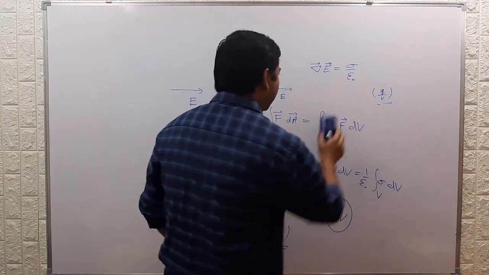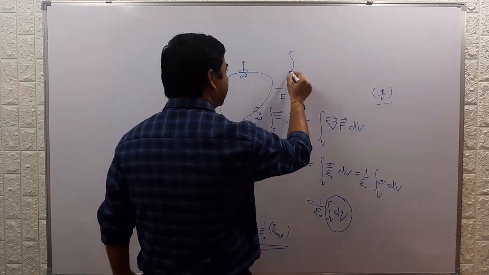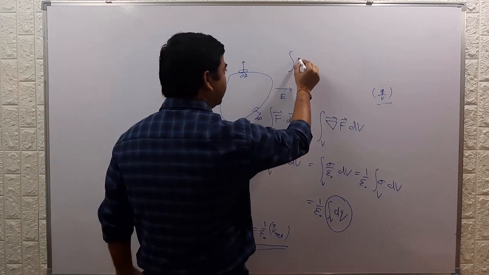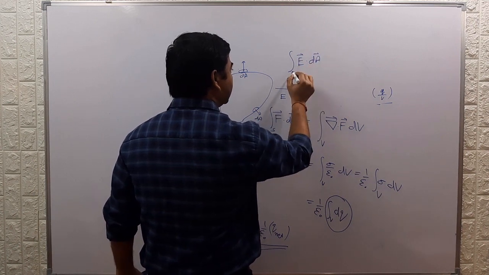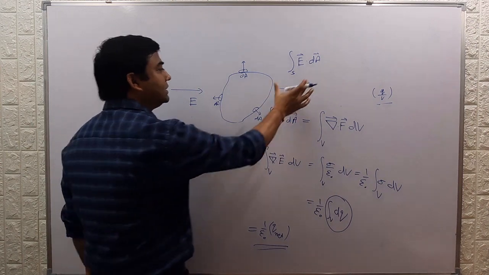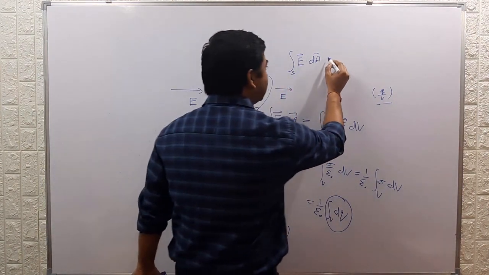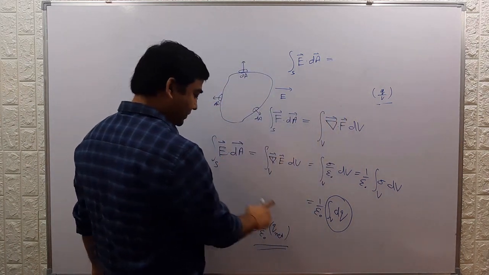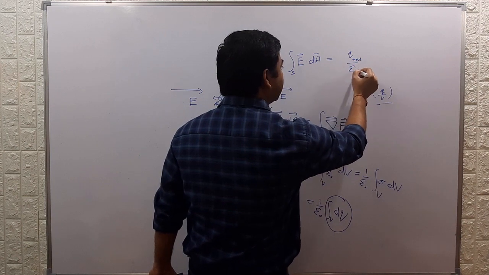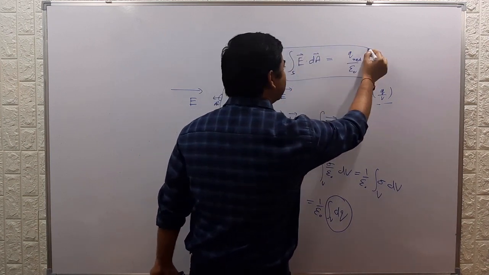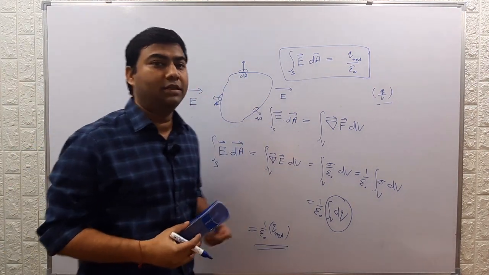Gauss's law for the electric field can be written as the integral of E dot dA, which is the total flux through the Gaussian surface, equal to Q net by epsilon 0. This is called the integral form of Gauss's law for the electric field.